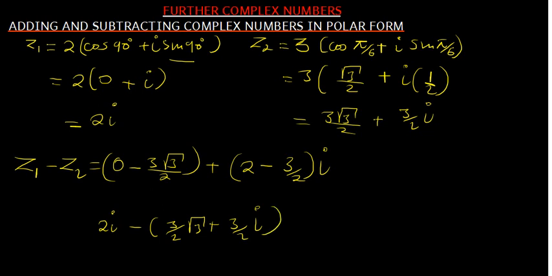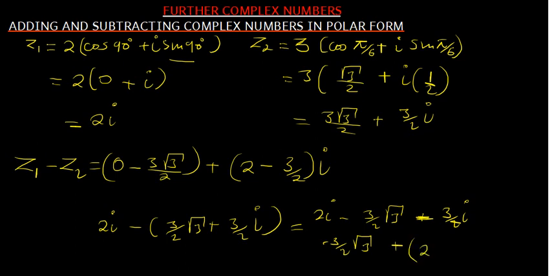So this is what we are subtracting, and so this is going to simplify into 2i minus 3 over 2 root 3, and then another minus, because this minus is distributed to everything there, minus 3 over 2 i. Now at this point we're going to put those which have imaginary parts together and those which have real parts together. You can see that the only thing with a real part is negative 3 over 2 root 3, and then you've got positive 2i.